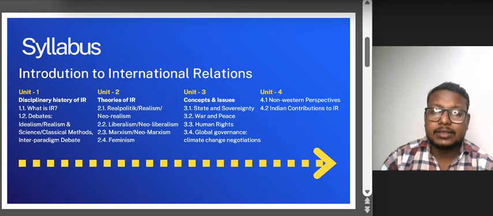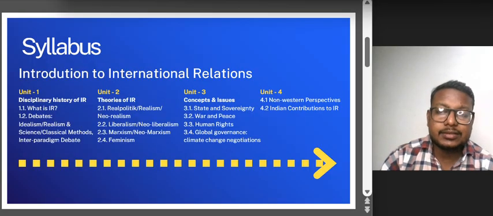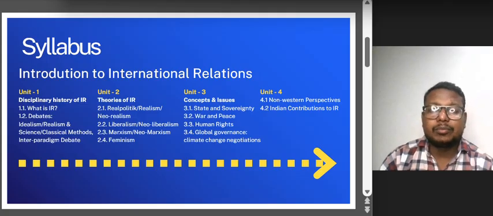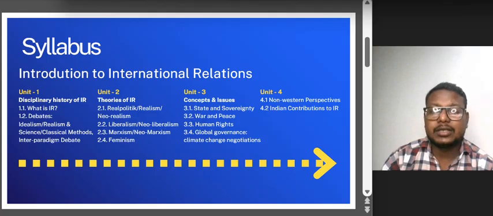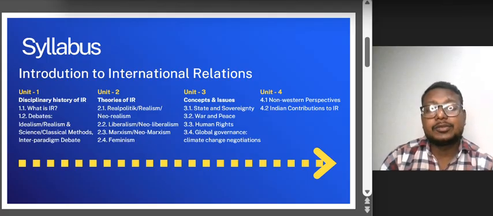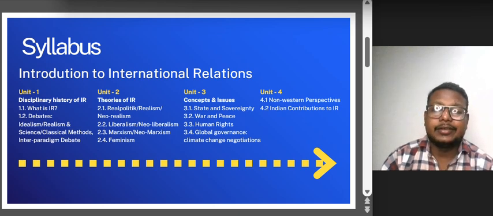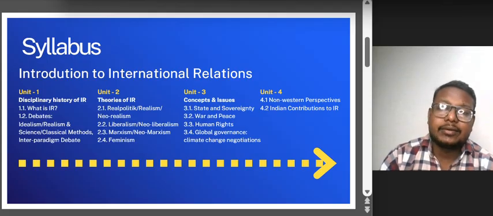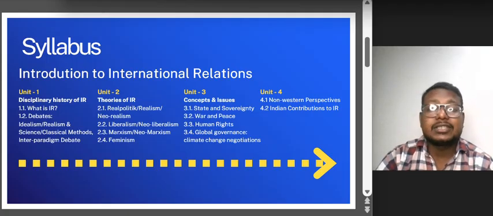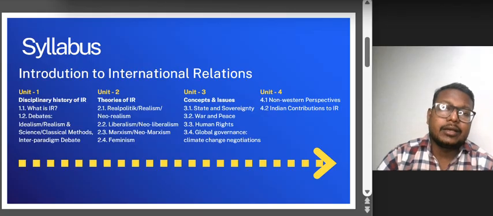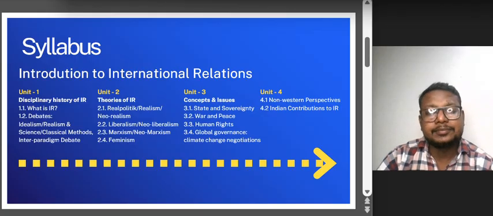Unit 2 discusses theories of international relations. This is one of the most important parts of this course. Here, you'll dive into the major theoretical frameworks that explain international relations. First, realism and neorealism, which focus on power, conflict, and national interest. Then comes liberalism and neoliberalism, which emphasize cooperation, institutions, and peace.